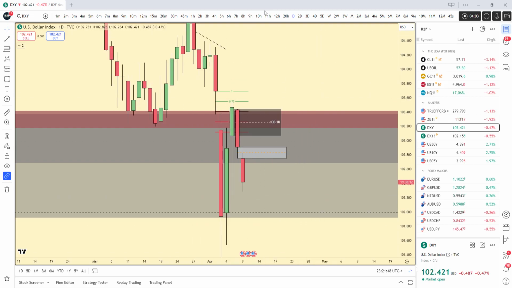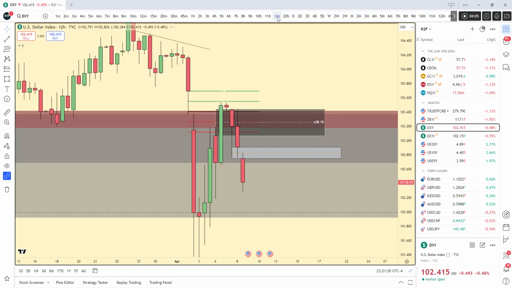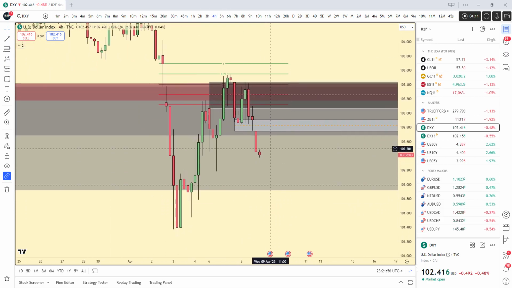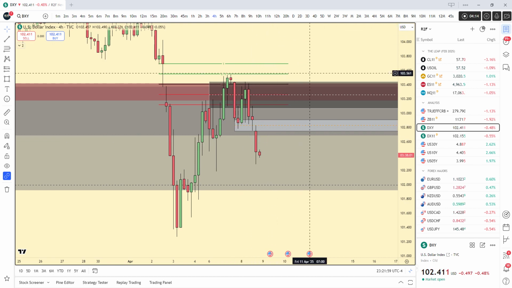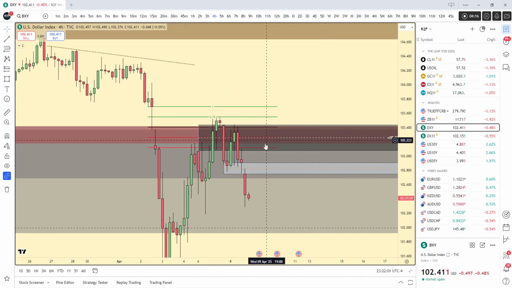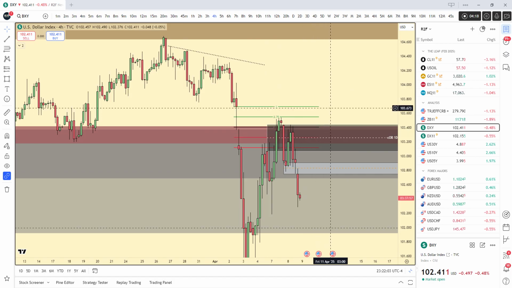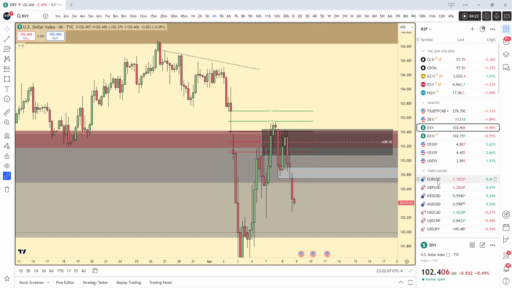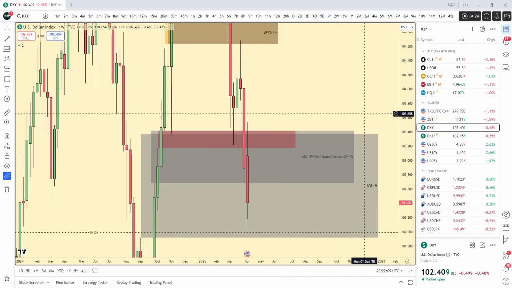And now we're here. 12 hour. 4. Okay, we're somewhere around here. Pretty much looks like we're just gonna hit lower, unless we pull one more trick and we come up and fill more of this gap. But yeah, we'll see during CPI. So let's go look at other pairs.